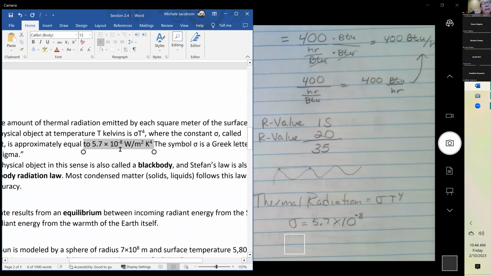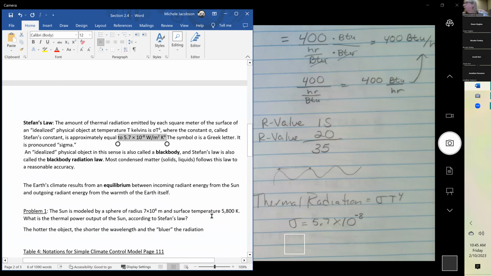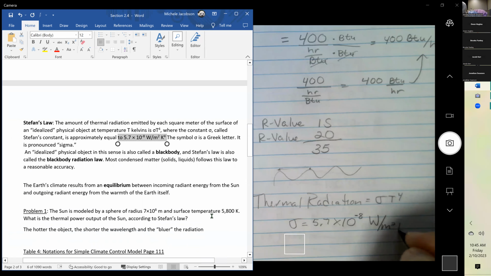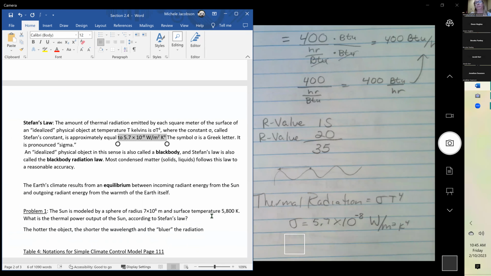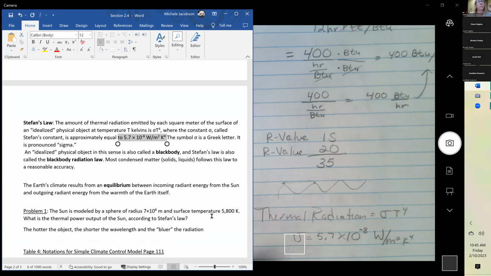So right here is a -8. And then this is just units, watts per meter squared, Kelvin to the fourth. And that Greek symbol is sigma.